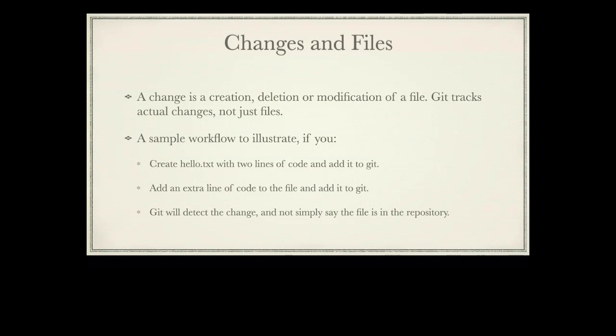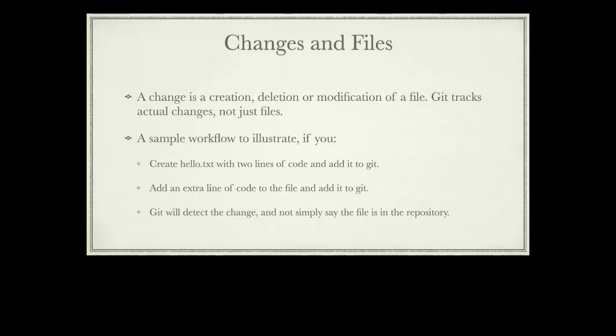To explain this, I decided to write this sample workflow. For example, if you create a file hello.txt with 2 lines of code and add it to Git, then add an extra line of code to the same file and add it to Git, Git will detect that change. Now, that file is already in Git.